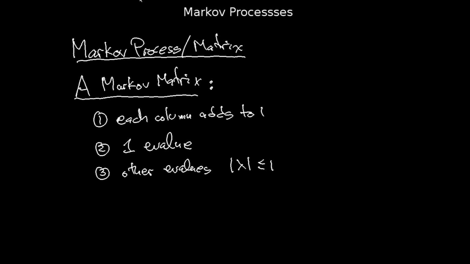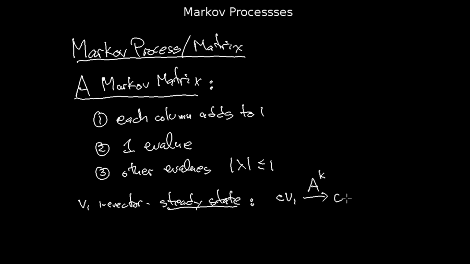And so note that what happens is, just like in the previous example, if V1 is the one eigenvector, this is what's called a steady state, which is to say if you start at some multiple of V1, and you apply as many powers of A to the K to it as you want, you don't go anywhere. This thing is just fixed.